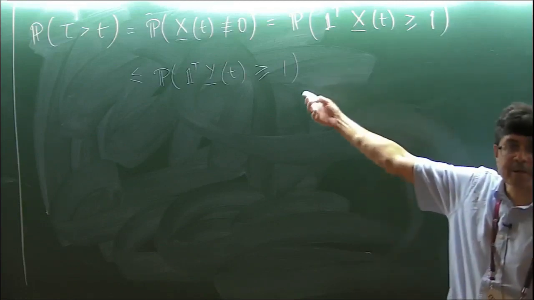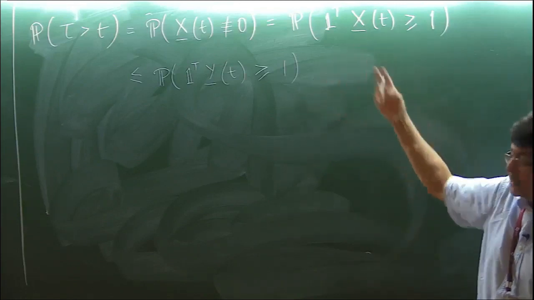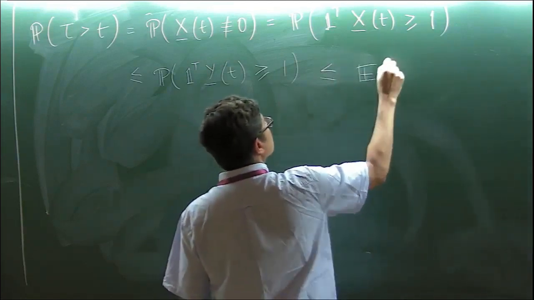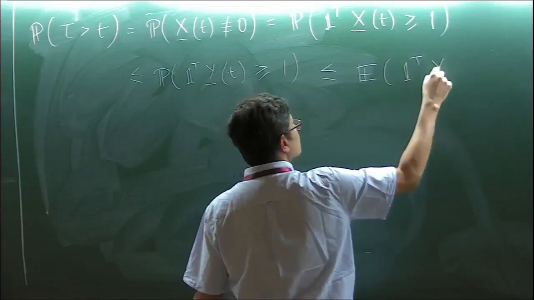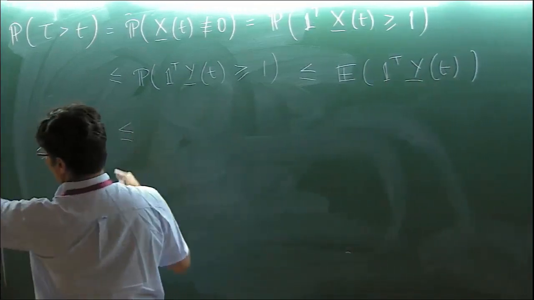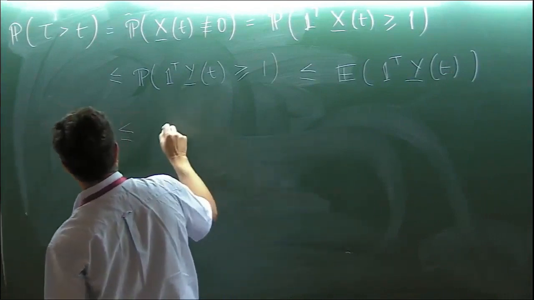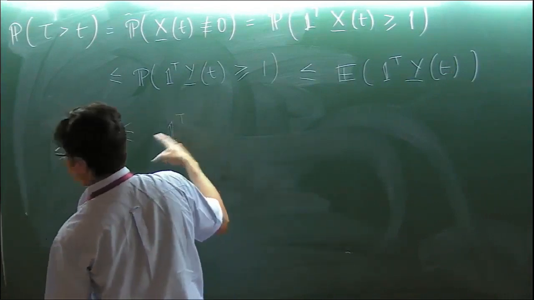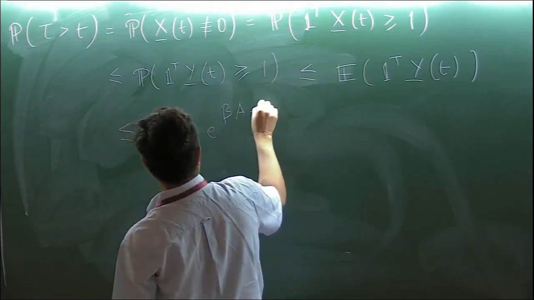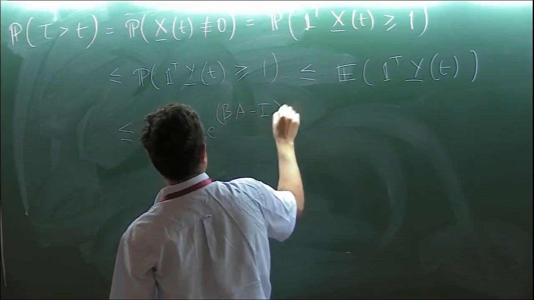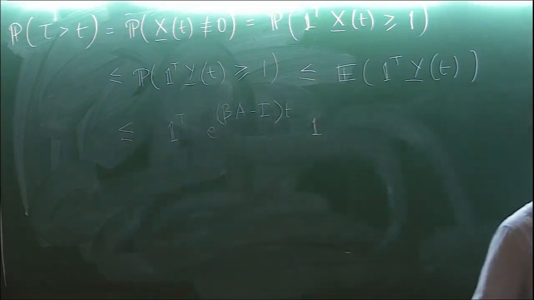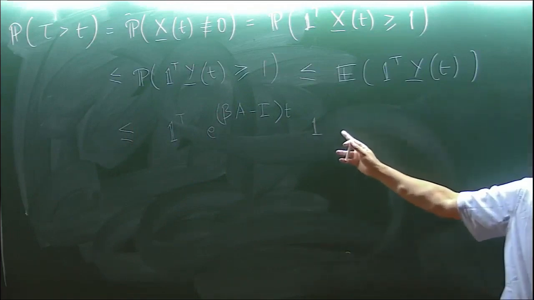Okay, and by Markov's inequality, this is dominated by the expectation of this. Okay, and we already have a bound for that, so this is 1 transpose times this matrix e to the beta A minus identity t times 1.